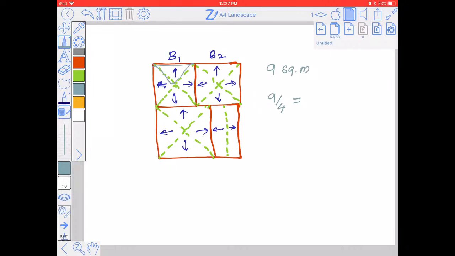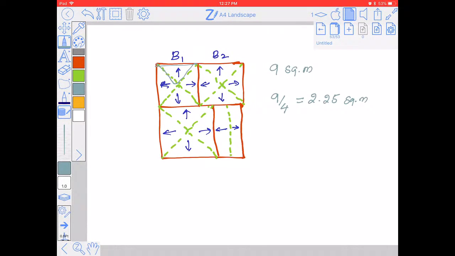Am I audible to you people? Oh, 2.25, fine. So the area of one panel is 2.25 square meter. Yes, fine.